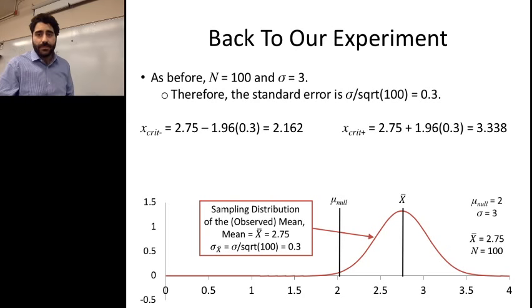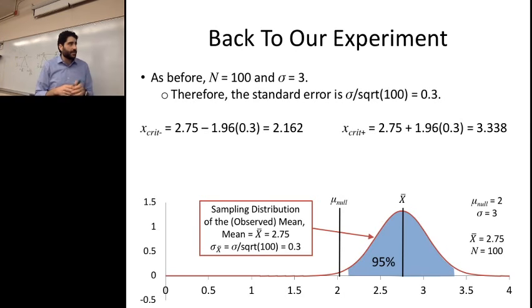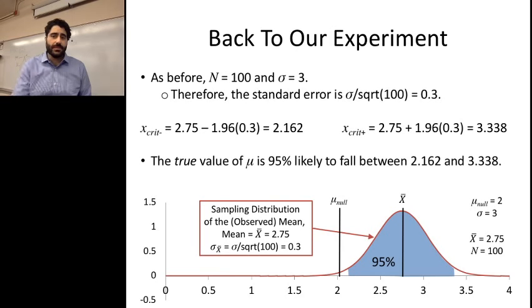Right, so our 95% confidence interval here is between 2.162 and 3.338. Right, those are the population mean values that would have been likely to generate our sample mean.